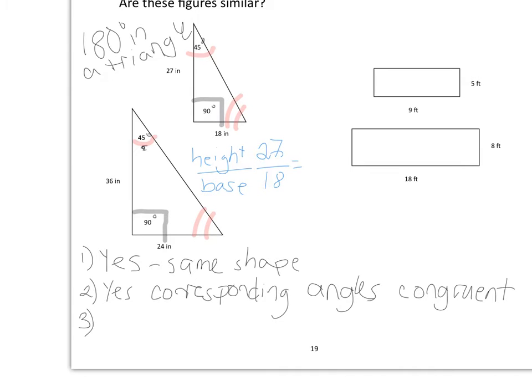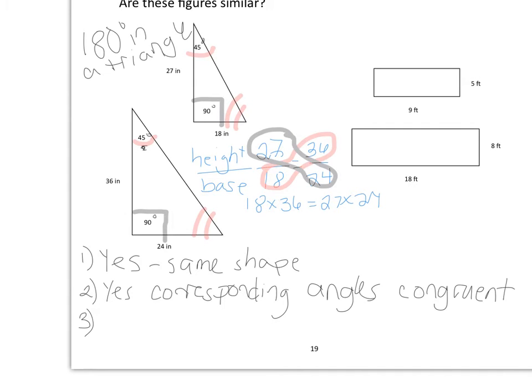And in the larger triangle, the height is 36 and the base is 24. So we want to know, is 18 times 36 the same as 27 times 24? Because we're going to cross multiply to figure out if they equal the same number.